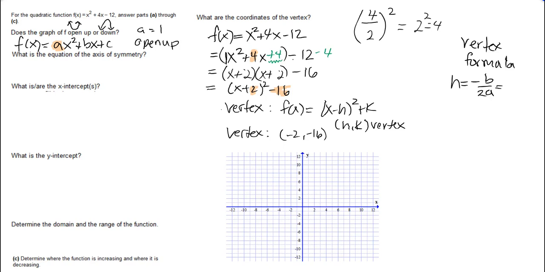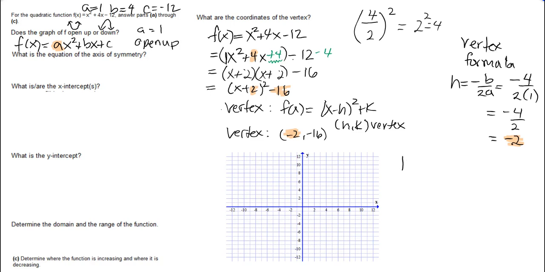For our function, we already mentioned that a is 1, b is attached to the linear term, so b is 4, and c is our constant, which is negative 12. So for us, h is negative 4 over 2 times 1. That's negative 4 over 2, which is negative 2, just like we got over here. So we got the same x-coordinate.